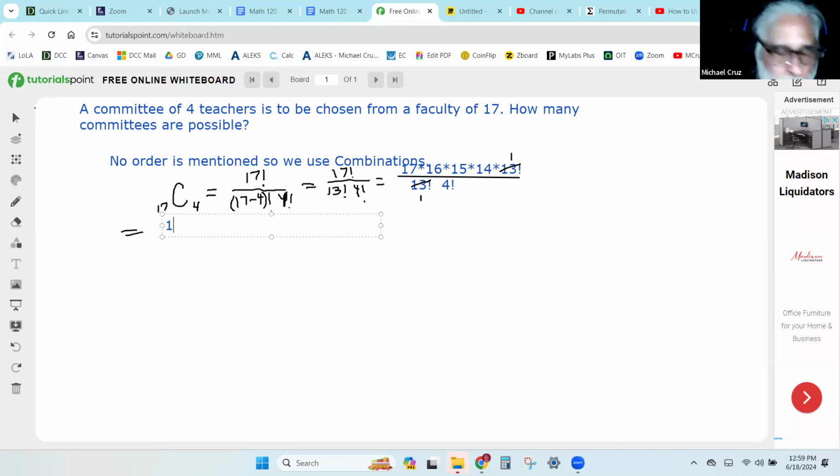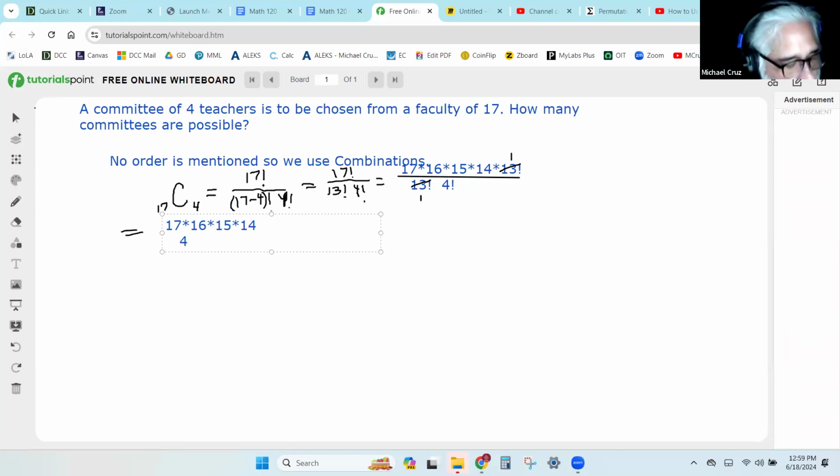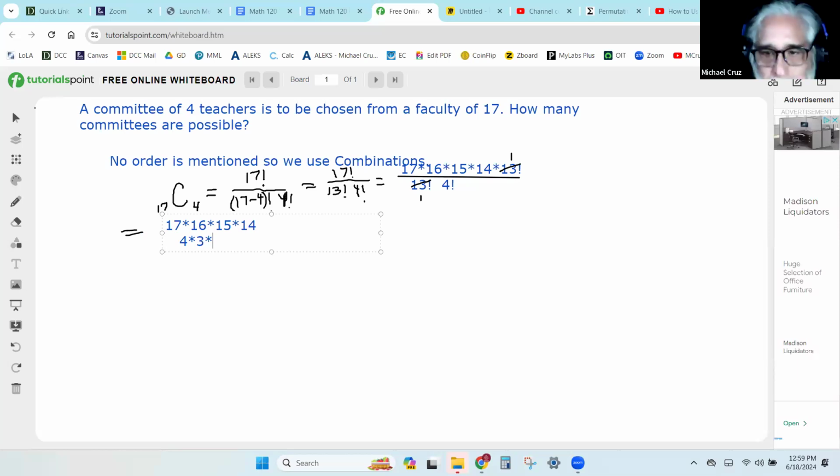I'm going to write it out. Four times 3 times 2 times 1. Okay. So now we can take those numbers in the denominator out any way we wish. Now, sometimes we're constrained and there's only one way to do it.